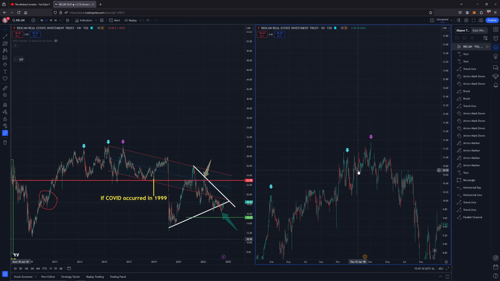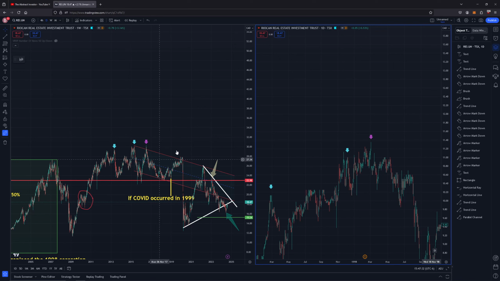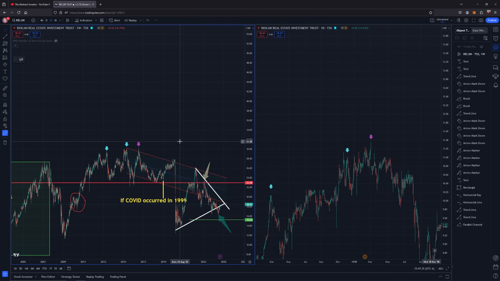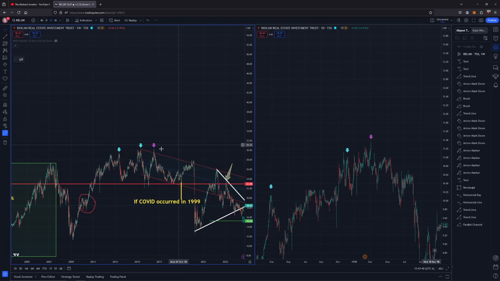It looks a lot choppier on the late 90s chart than it does on the 2013 to 2015, 2016 chart, but it's the same pattern. Obviously, it's not identical, but it's a repeating pattern from the 90s into the early 2000s, just like so many of the other videos that I've done on different stocks and the S&P 500.